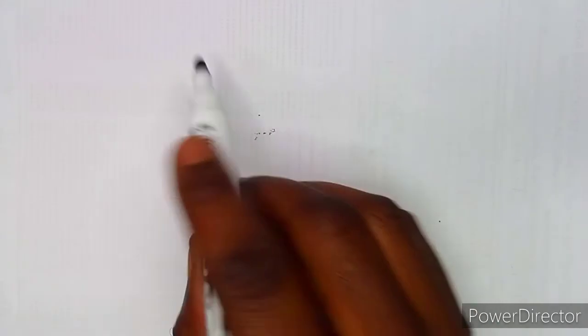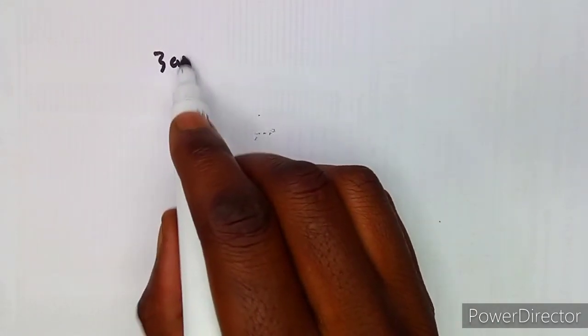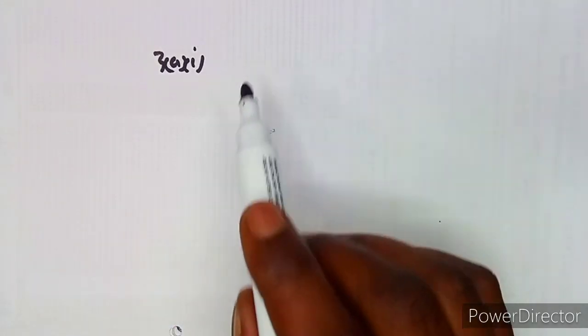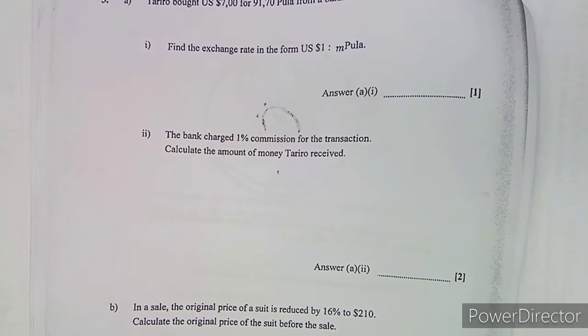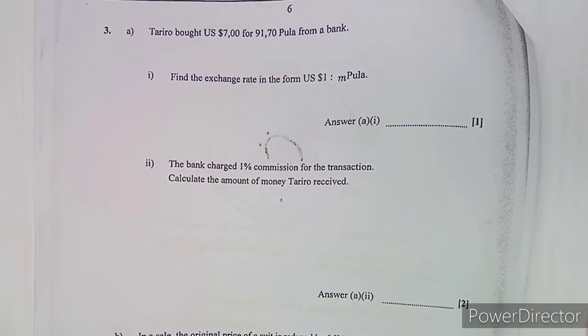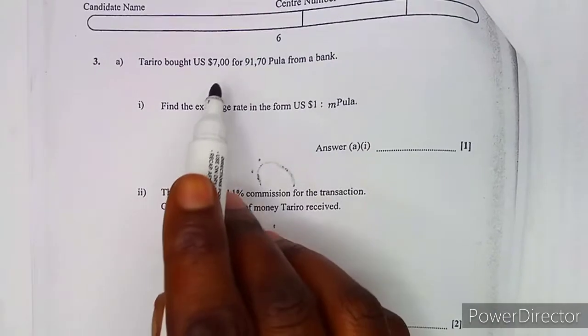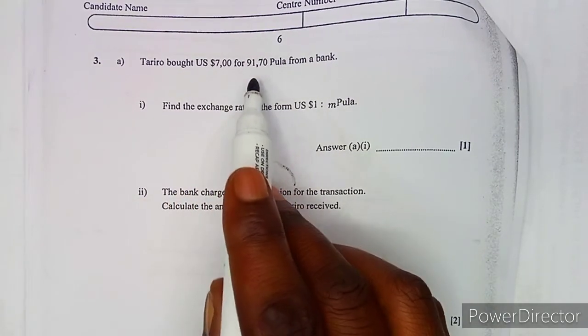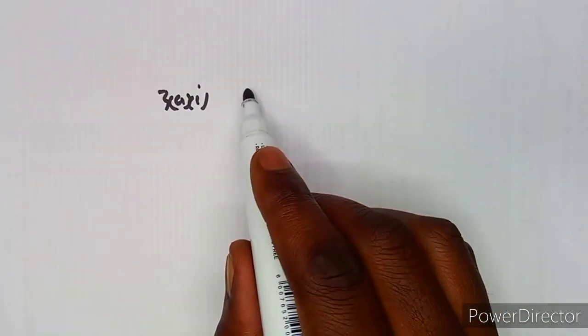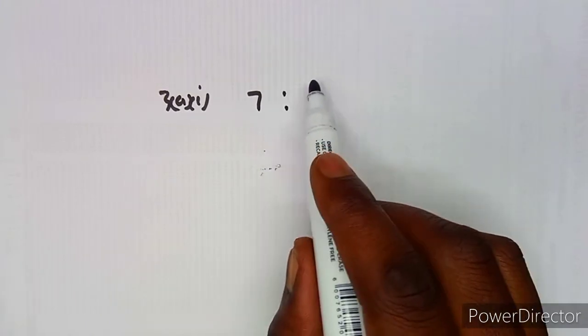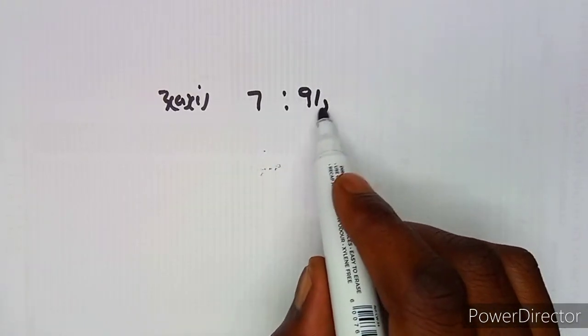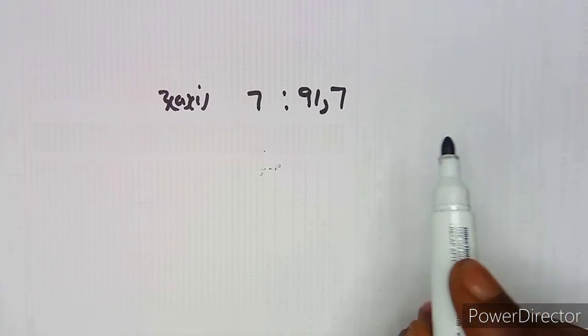Okay, so it's something like this. So you're going to relate first the ratio which is there from the amount that is given. So $7 is the one that corresponds to this 91.70 pula. So you're just going to use 7 is to 91.70, which is just 91.7.